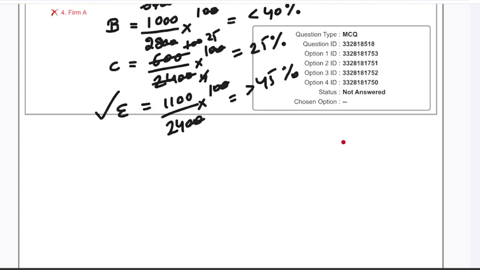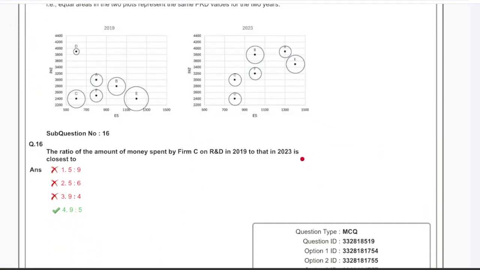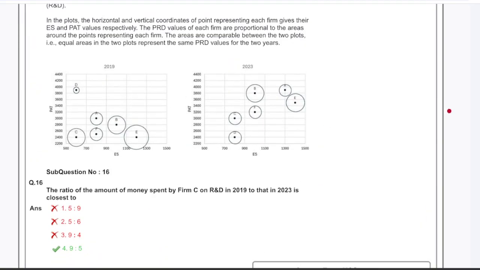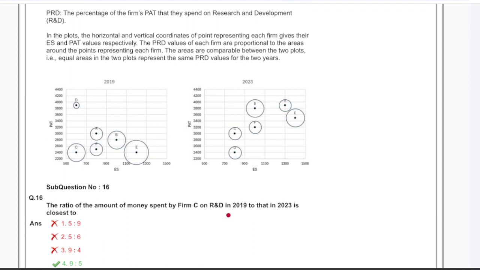The next question in this puzzle is the ratio of money spent by firm C on R&D in 2019 to that in 2023 by firm C. The firm C PAT in 2019 was 2400.